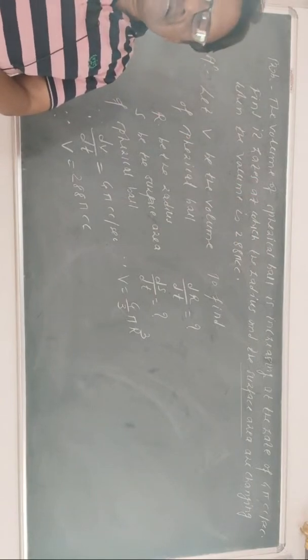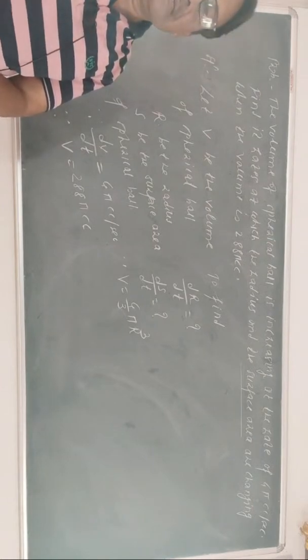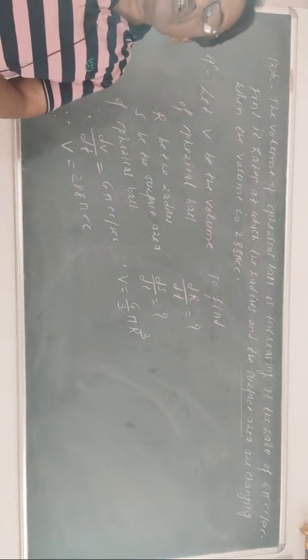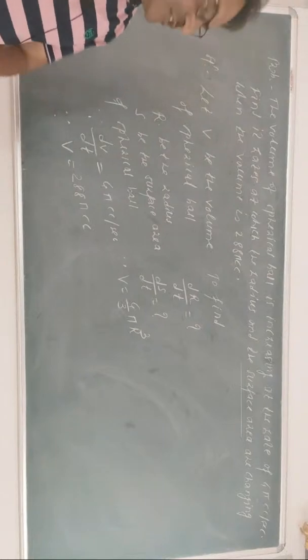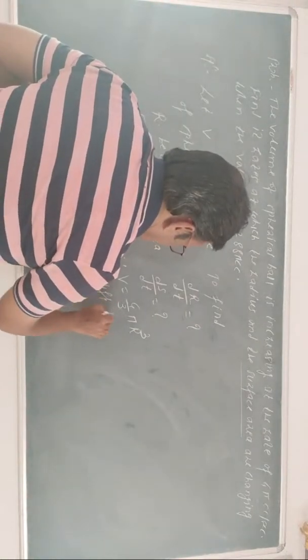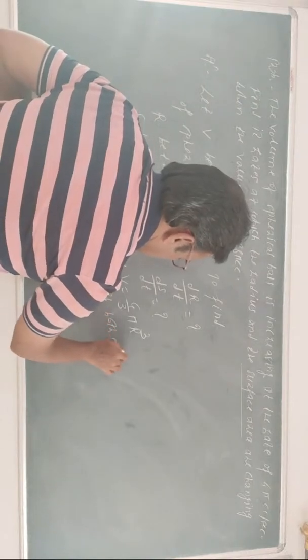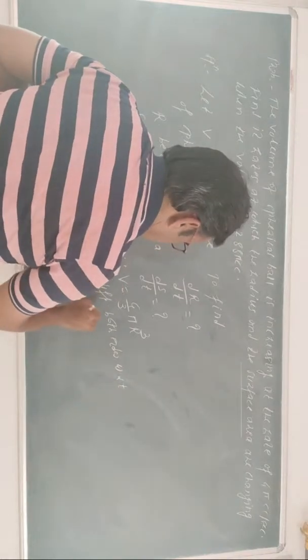Next, differentiate this volume V with respect to t. Then we get the rate of change of volume with respect to time t. So differentiate both sides with respect to t.